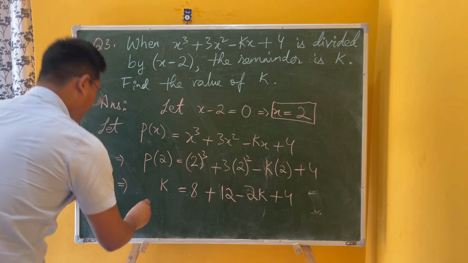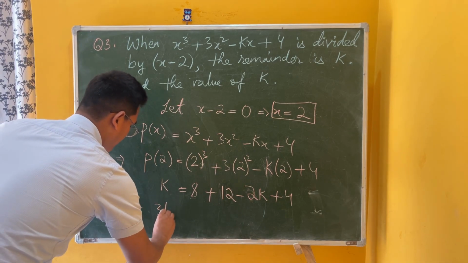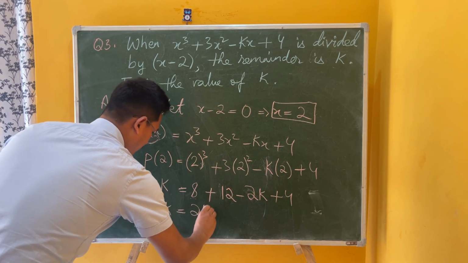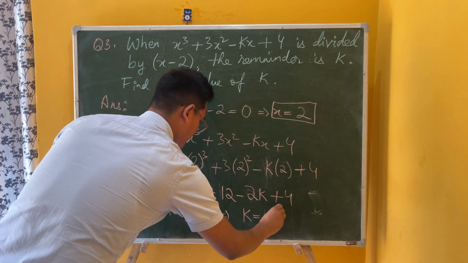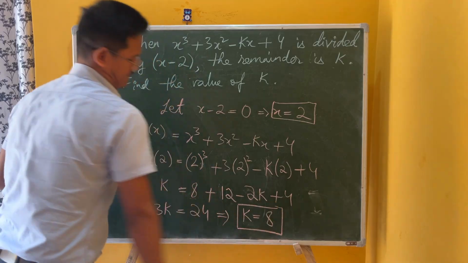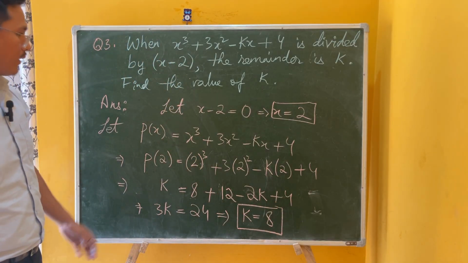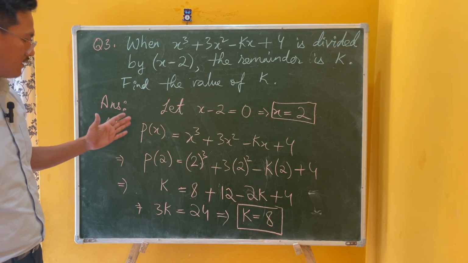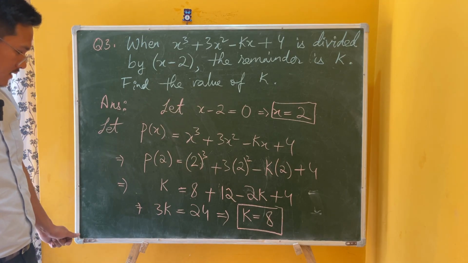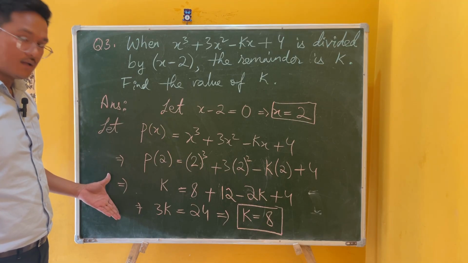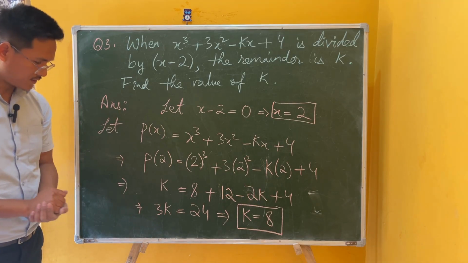You bring this to here. So it's going to be 3k equals 24, k equals 8. So when you see this kind of question, this is how it's solved. I guess you like this one. Let's move to another question.